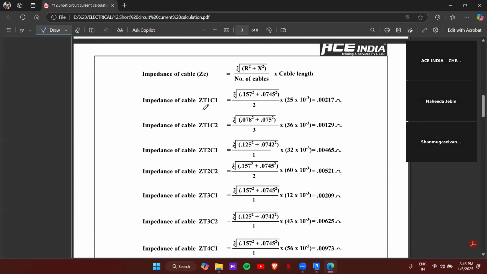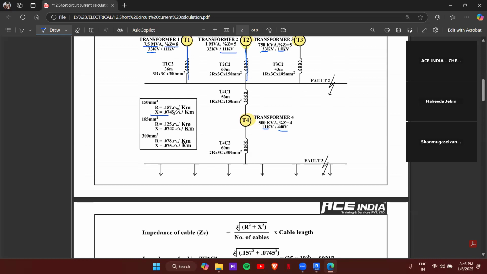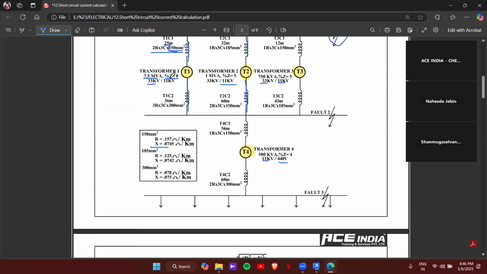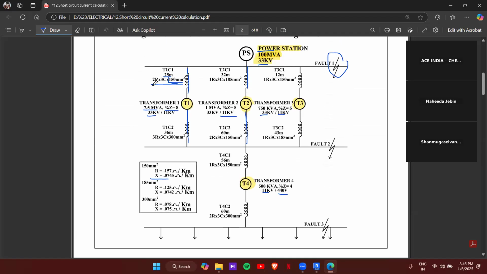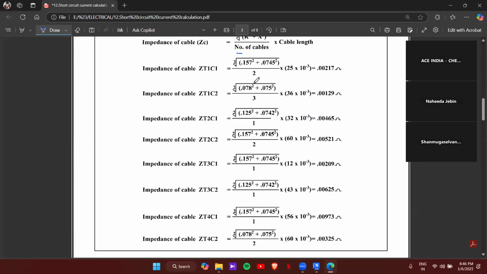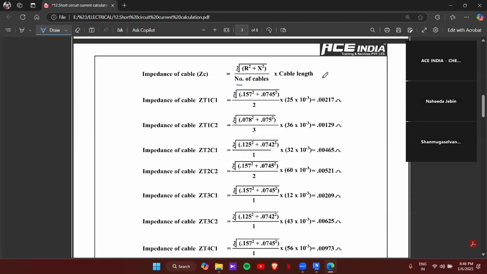First one, impedance of the cable T1 C1. The R value is 0.157 whole square plus X value is 0.0745 whole square, divided by the number of cables. The cable size is 2R, that means 2 number of cables. So divided by 2 into cable length.